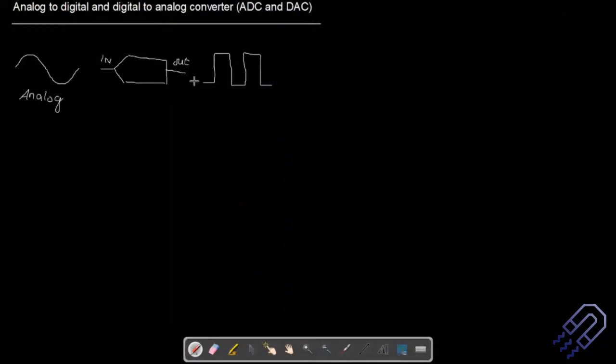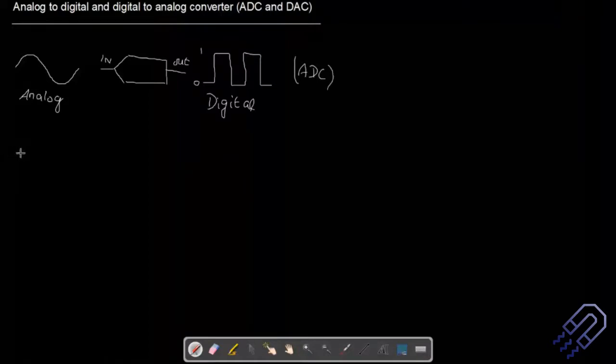At this particular point it is 0, at this particular point it is 1. So it is either high, low, 0, 1, on, off, whichever way you want to say. These are nothing but called digital signals. This is what the ADC is doing in general.